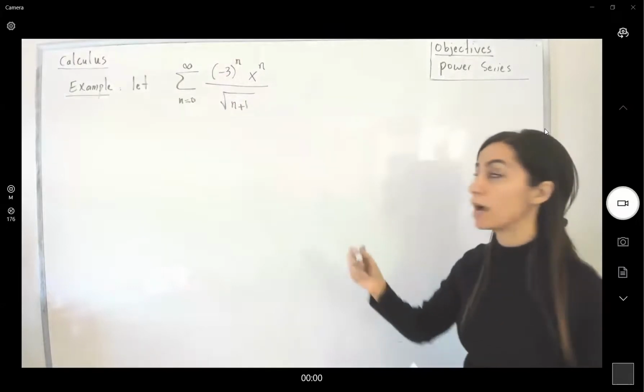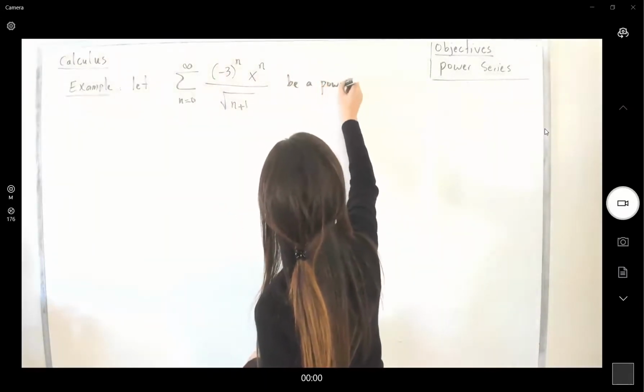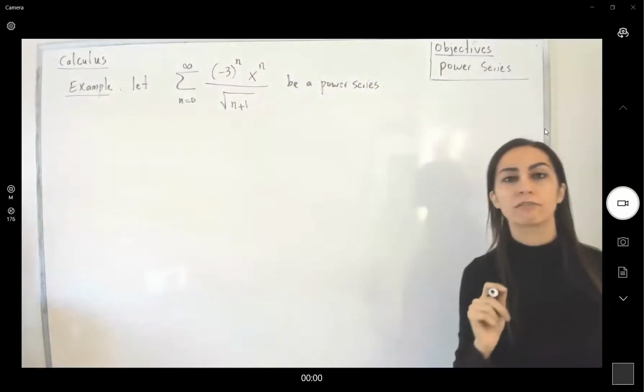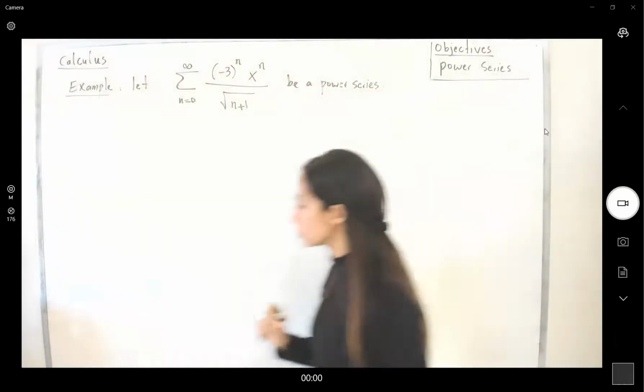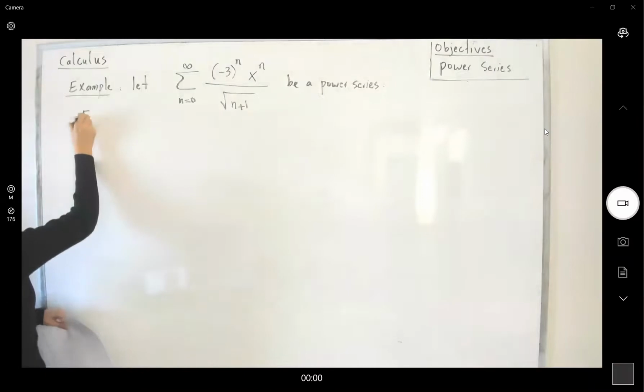Let this series be a power series. Find the radius of convergence and the interval of convergence.